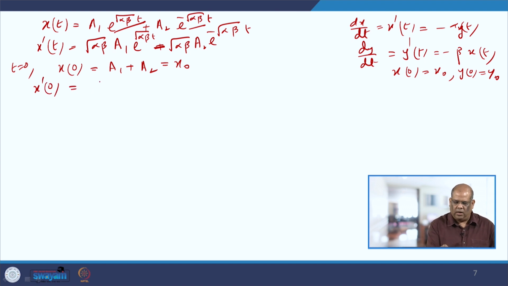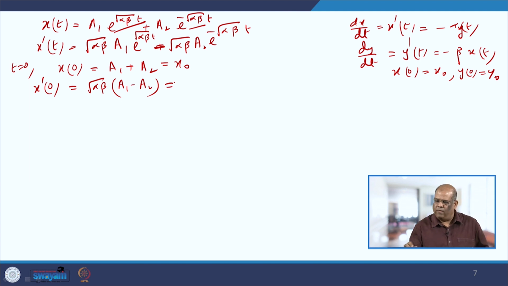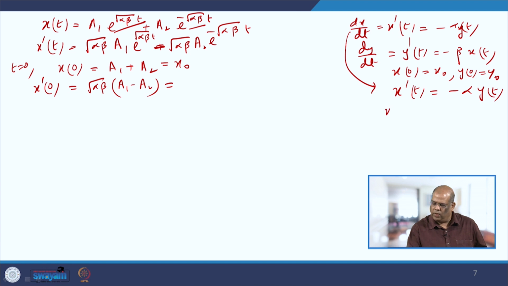I get root alpha beta times a1 minus a2, that is equal to... Now, this I have to find from here. You have x dash t equal to minus alpha y(t). So, x dash 0 will be minus alpha times y0.